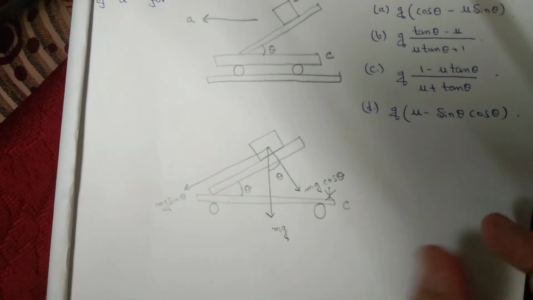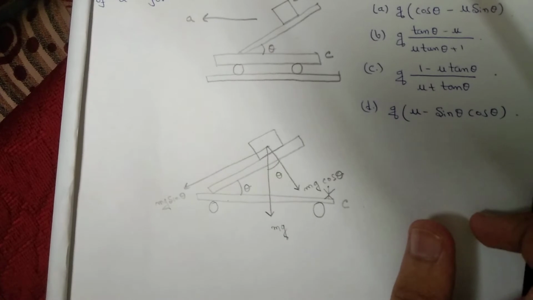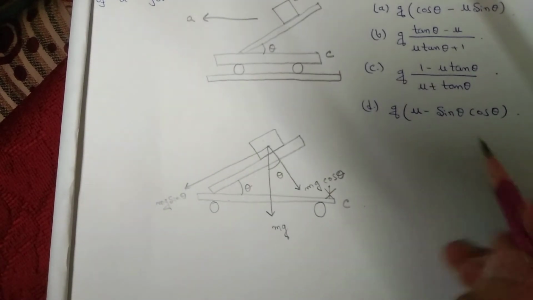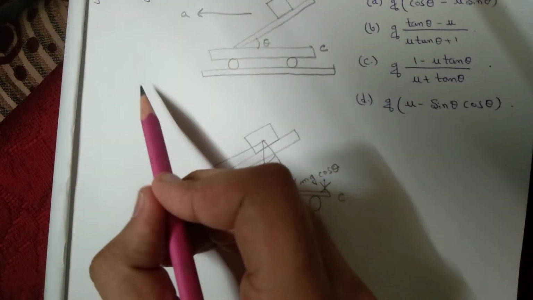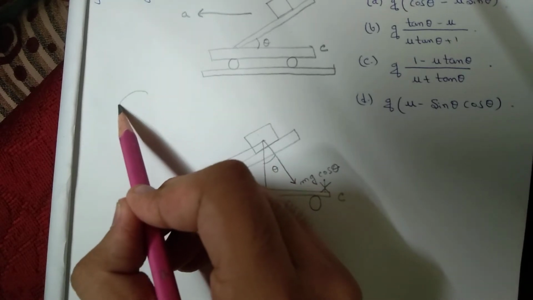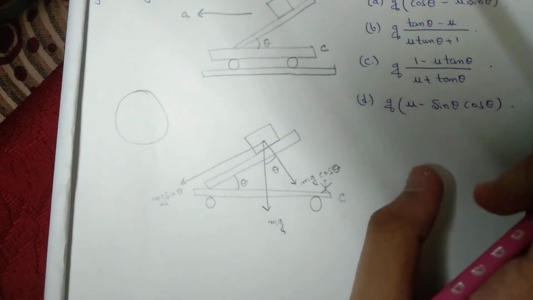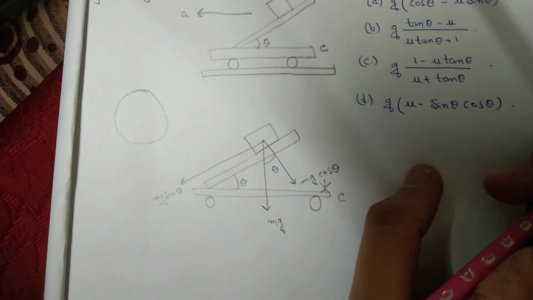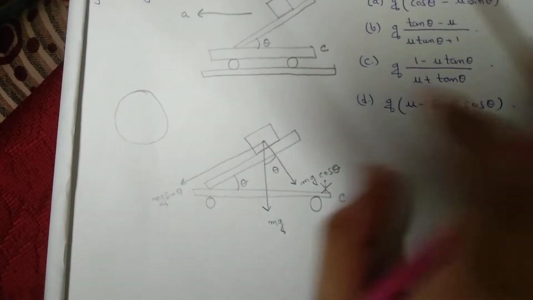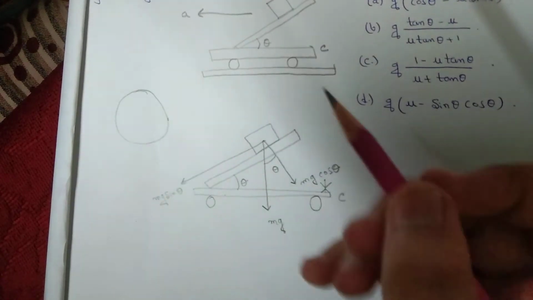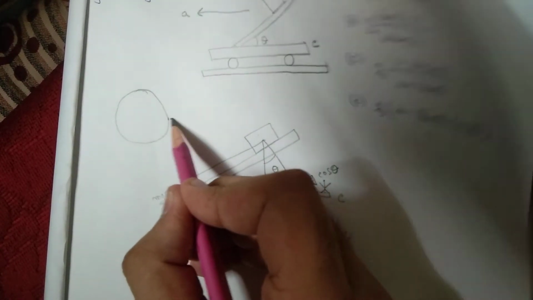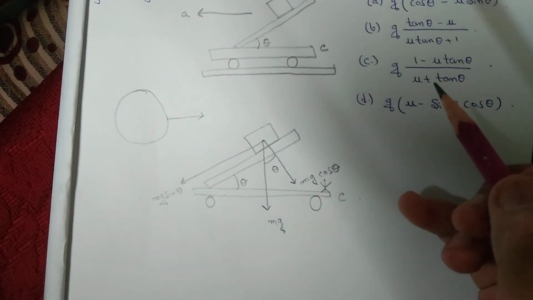I think you know one thing if you have gone through the chapter on centrifugal and centripetal force, that when you are moving in a circle, you are in a non-inertial frame of reference, right? So you will perceive a centrifugal force that is outward.